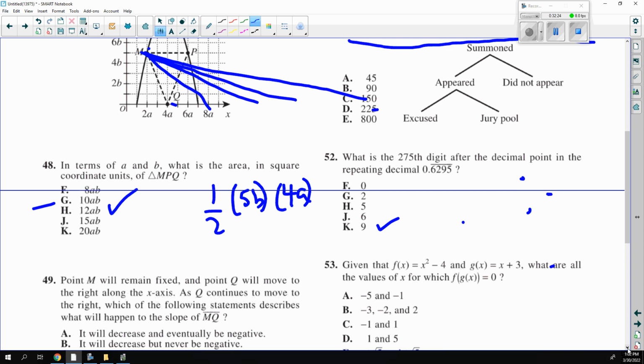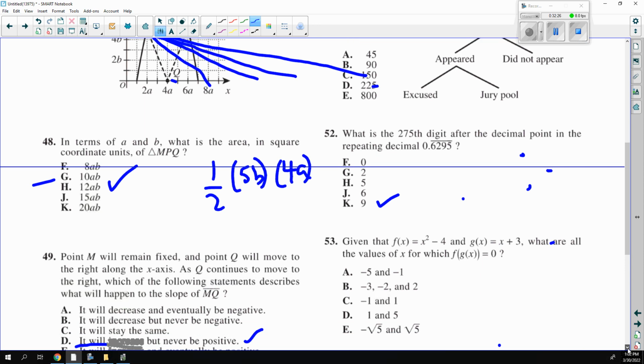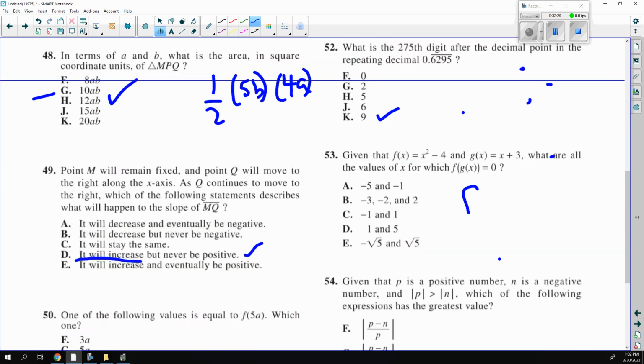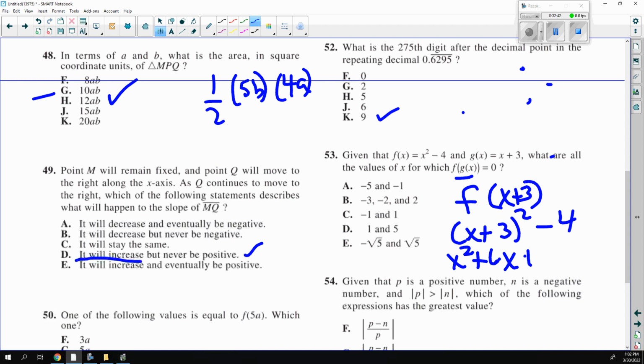53 is cool. You have to do f of g of x, then solve it. You copy g, plug it into f. You must square that binomial plus 9 minus 4, and I'll work upstairs.